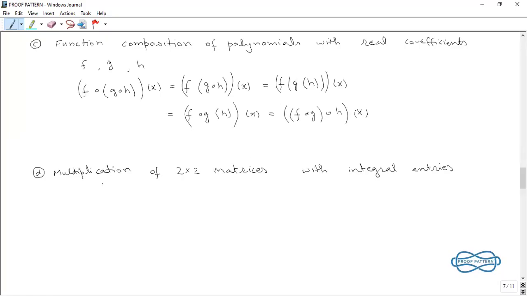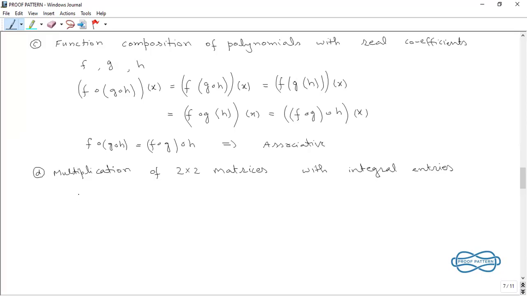So this means that (f of g) of h is equal to f of (g of h), and this shows that it is associative. Means the function composition of polynomials with real coefficients is associative.